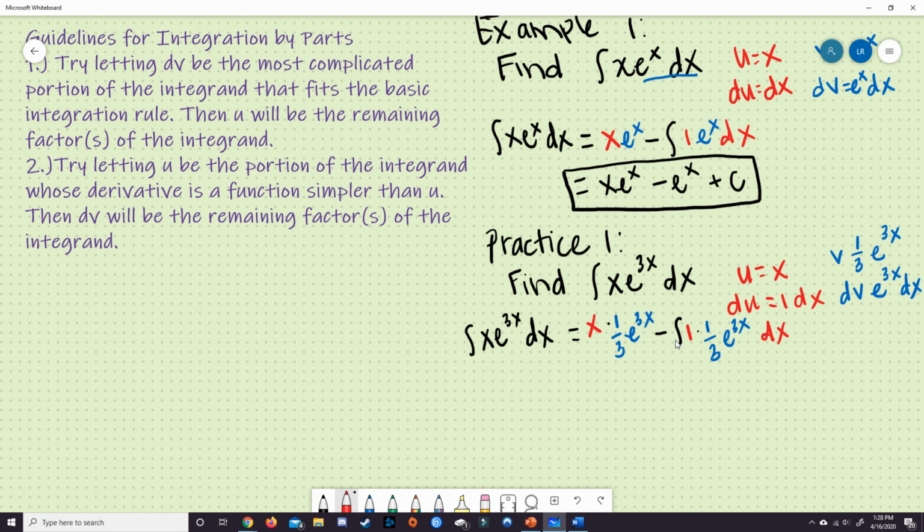And so I'm going to simplify as I go. This becomes x over 3 e to the 3x minus, well, the integral of this is going to become 1/9 e to the 3x plus c.